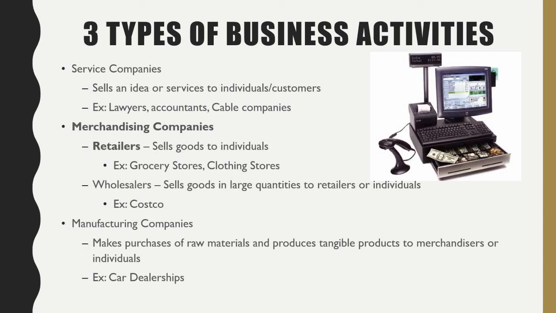A typical example would be any car manufacturing company. They build the automobile from raw materials, assemble the whole thing, and then either sell the product to the individual, or they have a car dealership with all the types of cars there, and they sell it to the public.